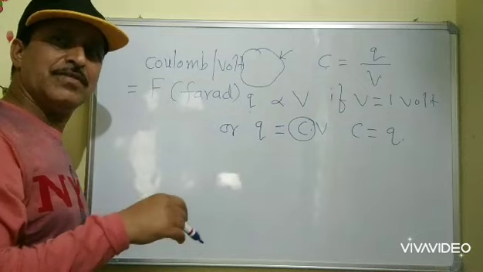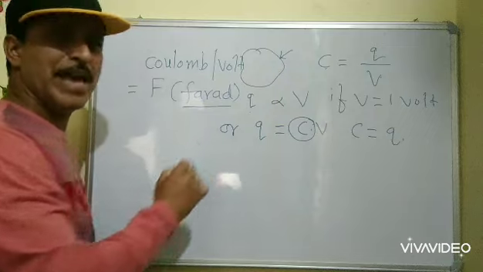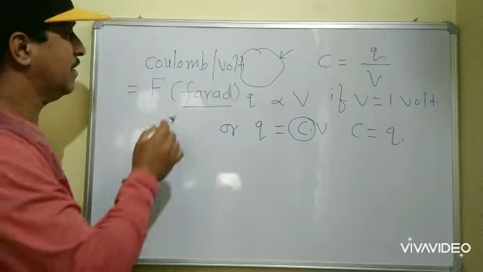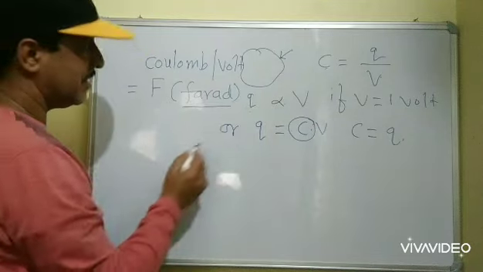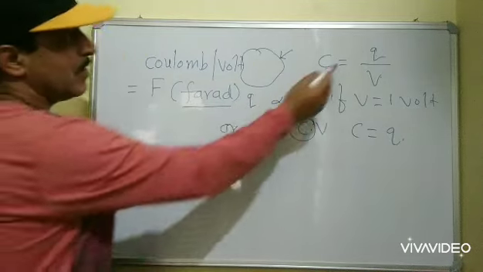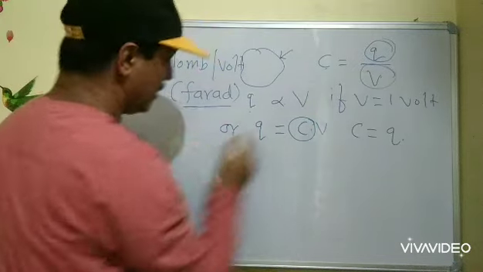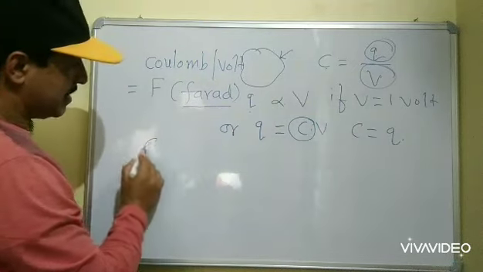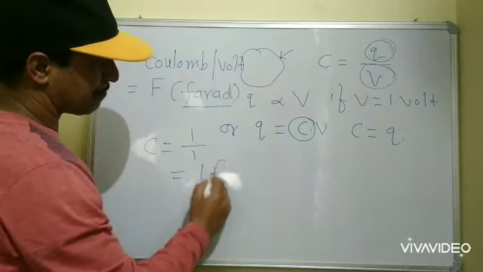That is, the unit of the capacitance is farad, after the name of Michael Faraday. And 1 farad is the capacitance if Q is 1 coulomb and V is 1 volt, then C will come out 1 upon 1 equal to 1 farad.